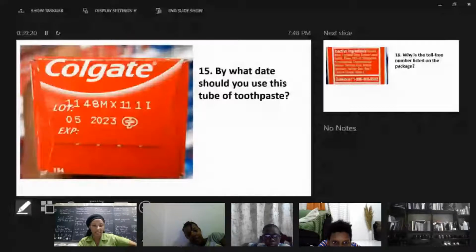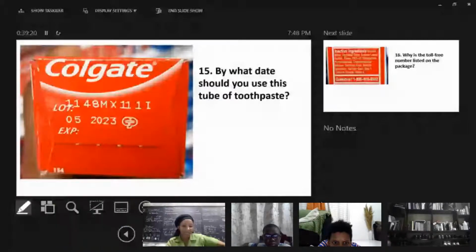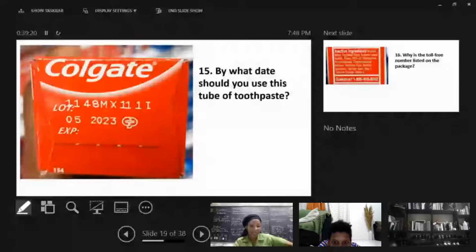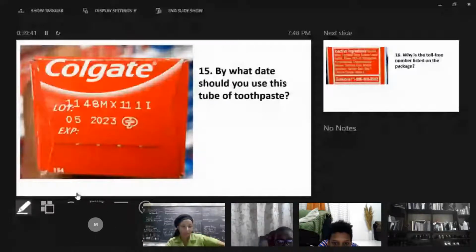And we actually do have two scholars, so let me see if I can get a word in. We're going to ask Madison, welcome here. Is it 2023? Hi Madison. So you're saying 2023. So the 05 is which month?